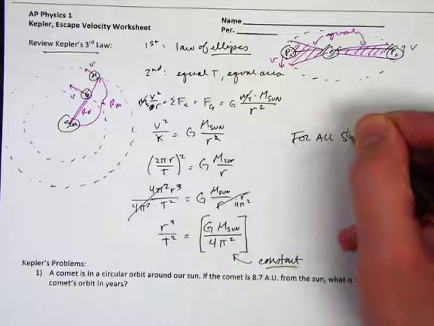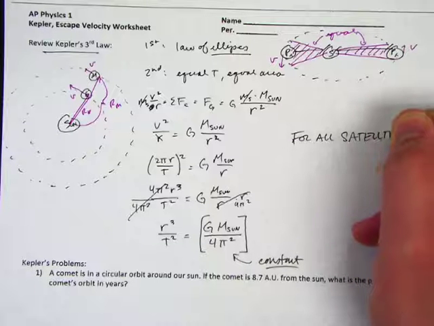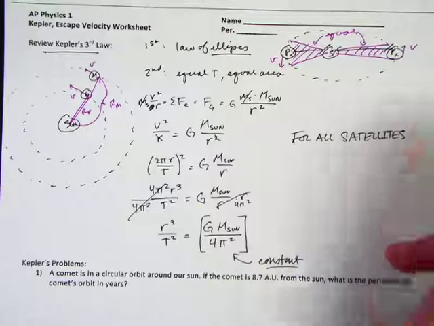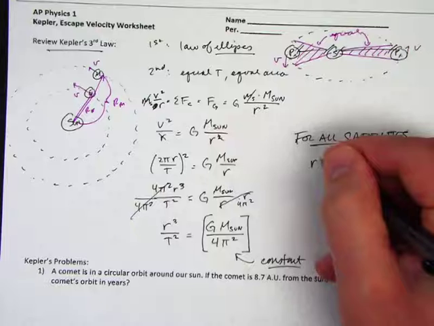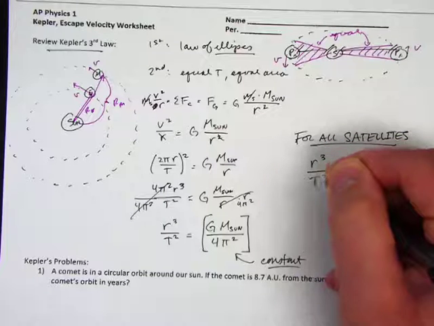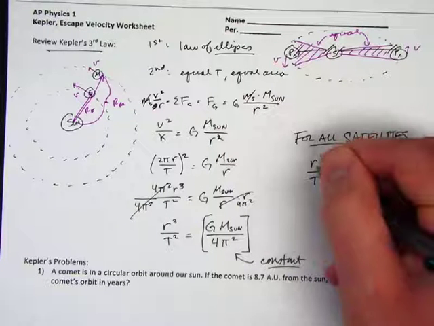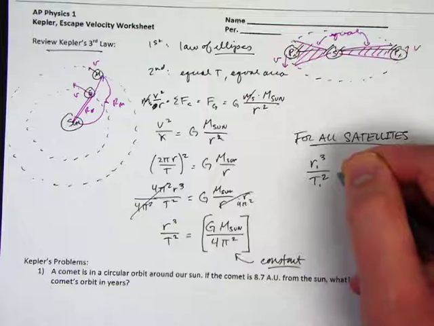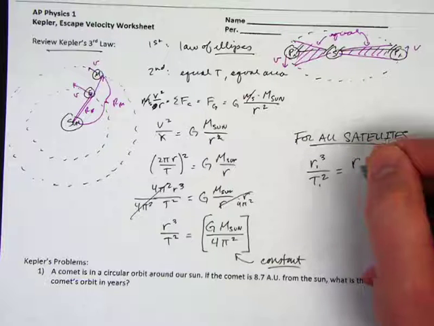in orbit around a given object, for all satellites, this ratio of the cube of their orbital radius, let's call this for planet 1, to the period squared, is equal to the same ratio for all other satellites.